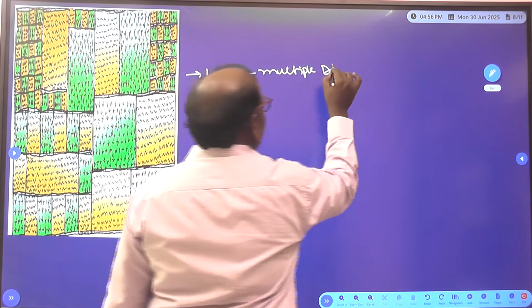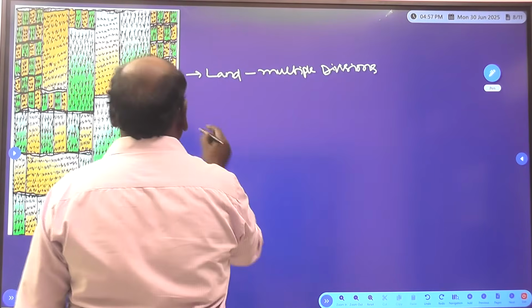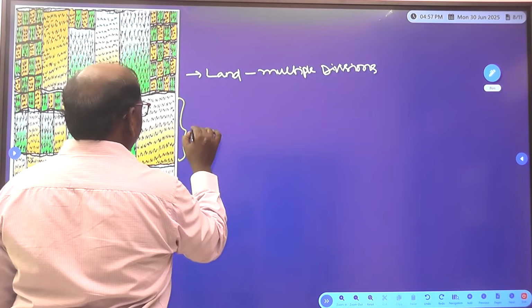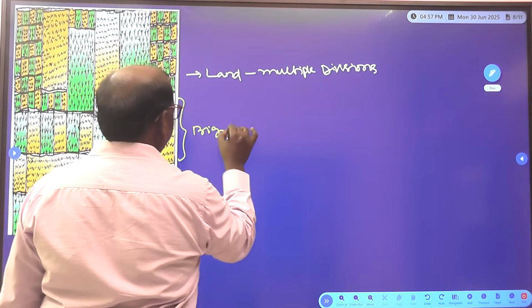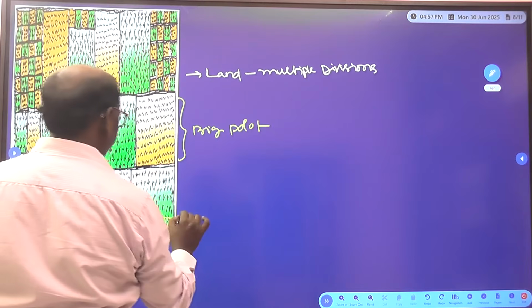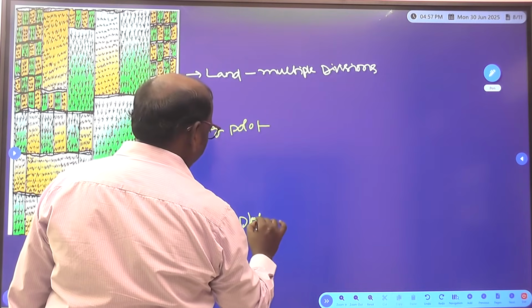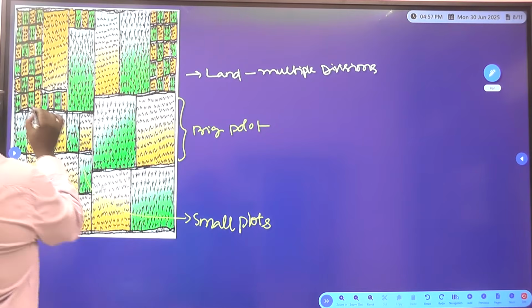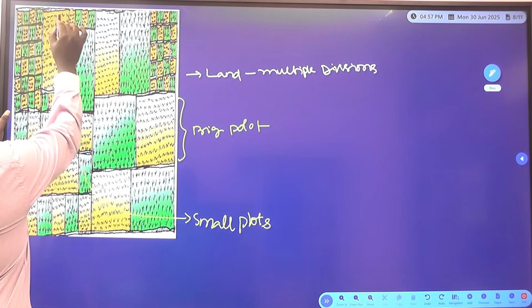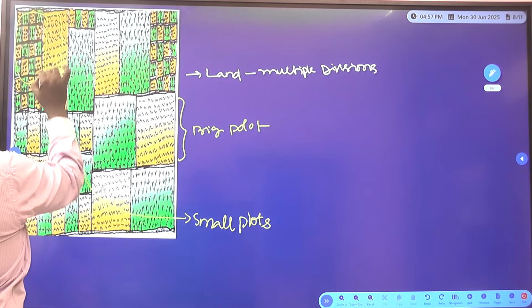Multiple divisions we are having, right? So this is the big plot. And it has small plots internally as well. So these small plots also have small laborers. So if we can see, there is a big land, and within it there are small plots.